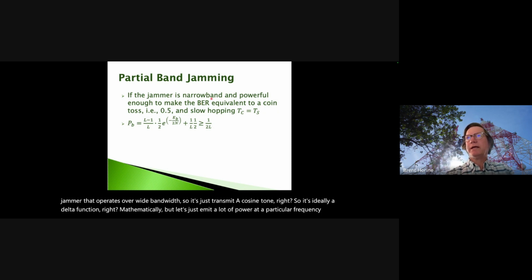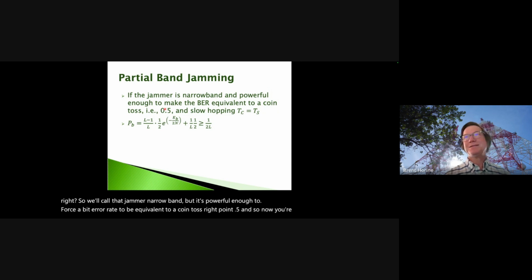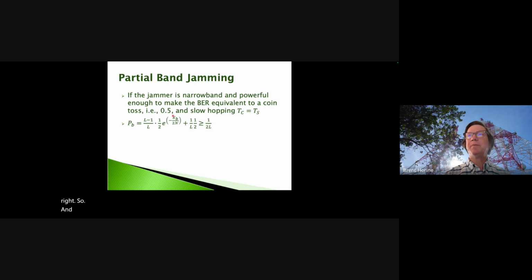So we'll call that jammer narrow band, but it's powerful enough to force the bit error rate to be equivalent to a coin toss, right? 0.5. And so now you're guessing, and that's normally about as bad as you'll ever see.